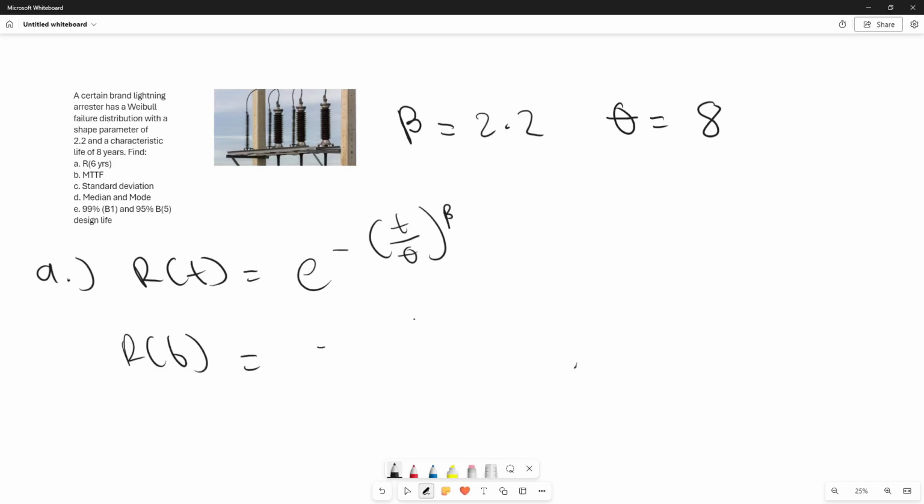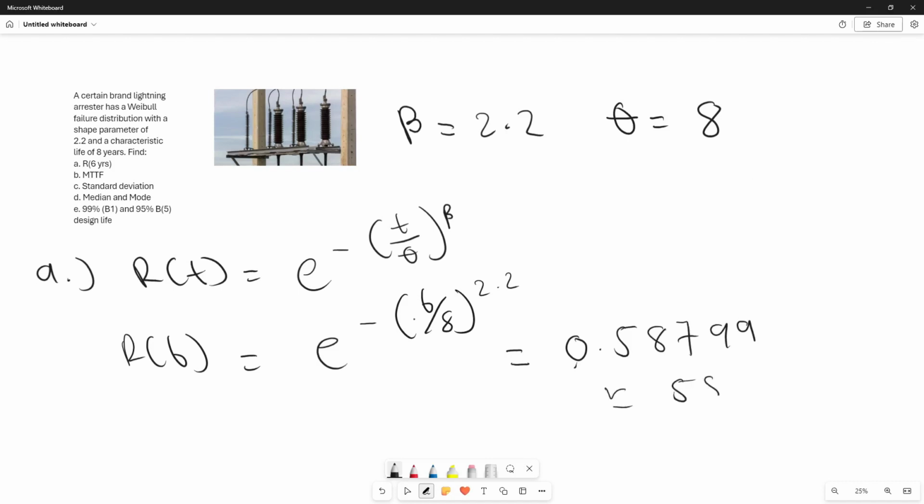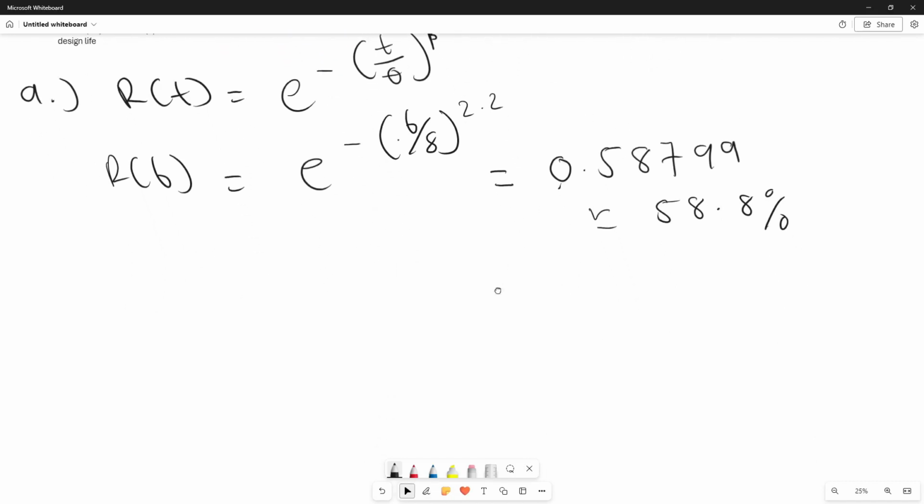So e to the negative 6 over 8 raised to power 2.2, and that gives us 0.58799, approximately 58.8%, which is terrible for this device.